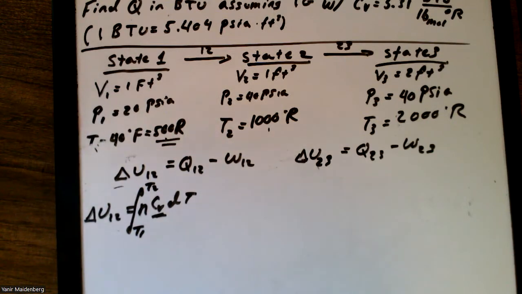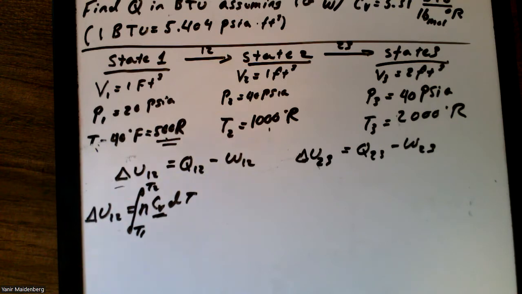And N we already calculated. That's that 0.003728 thing in pound moles. And we have this 5.31 for the CV.